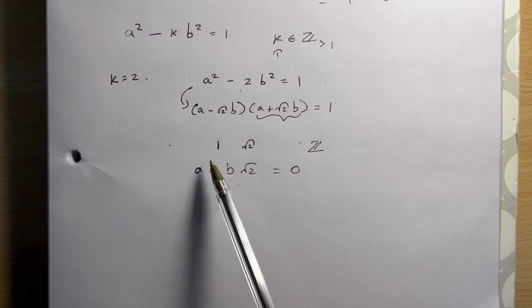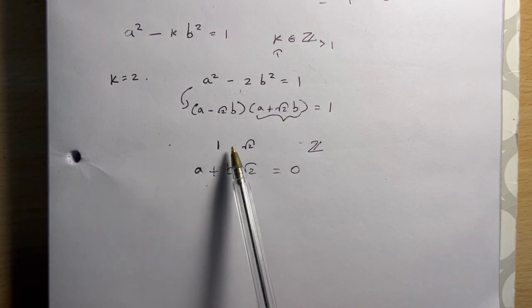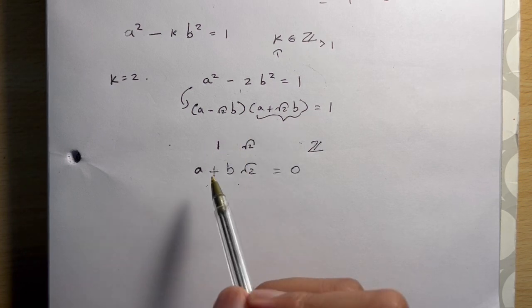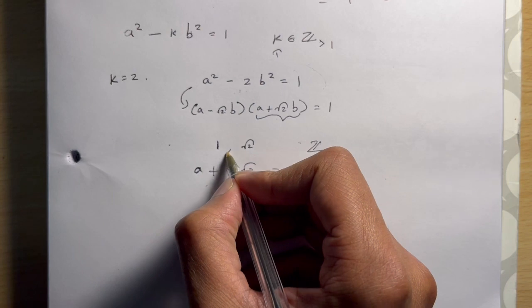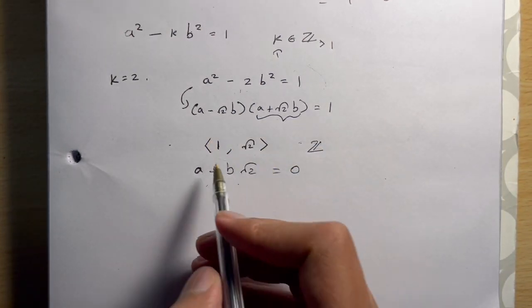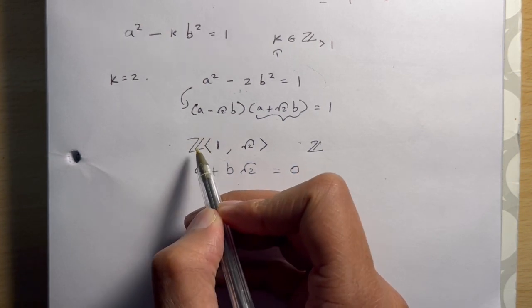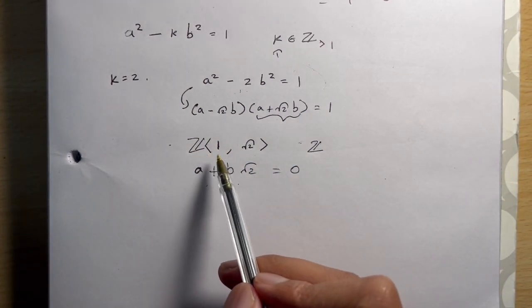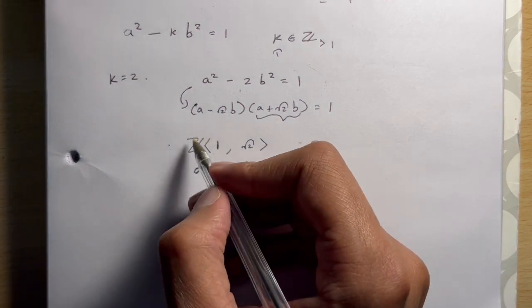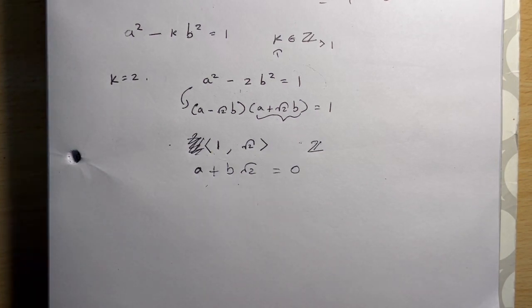Then this vector space, maybe we can write it like this, over Z. I'm not sure if there's standard notation, but otherwise we don't know what field we're taking it over. But actually, don't worry, this is fine.